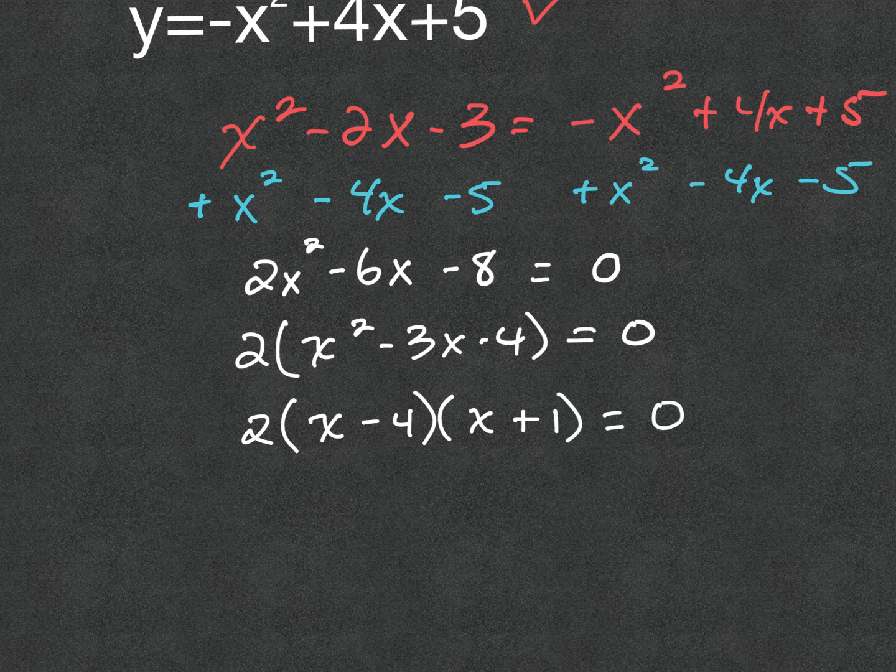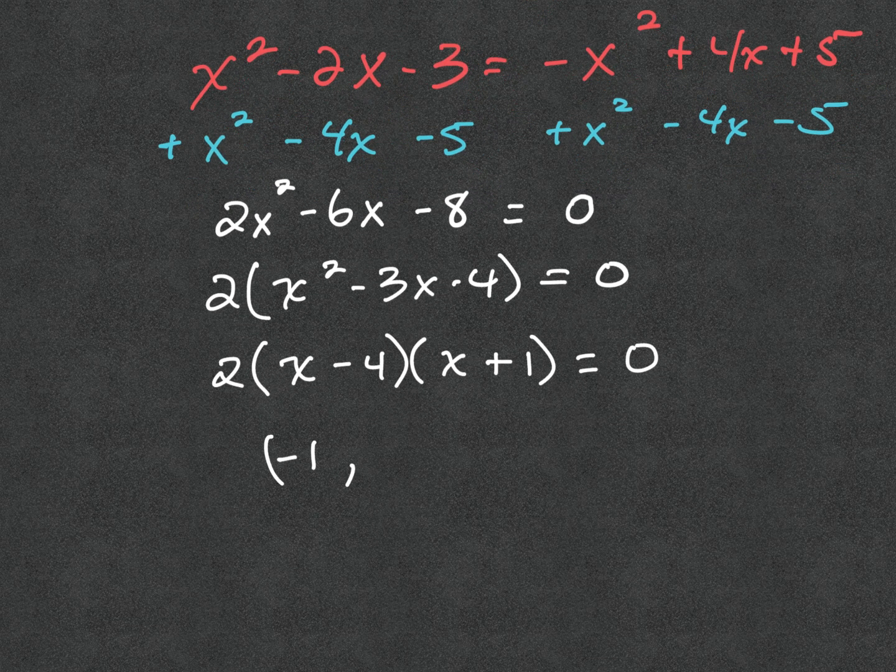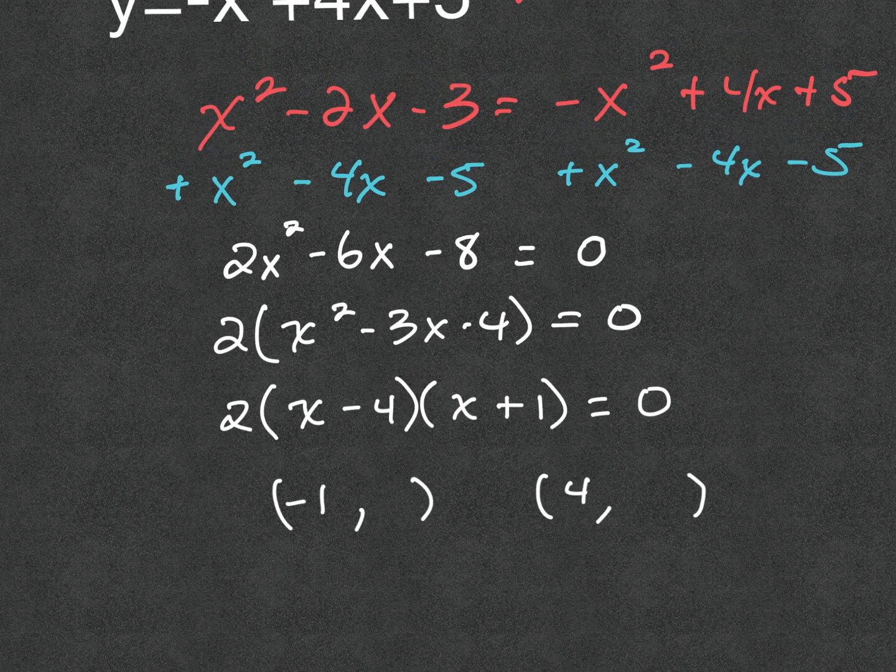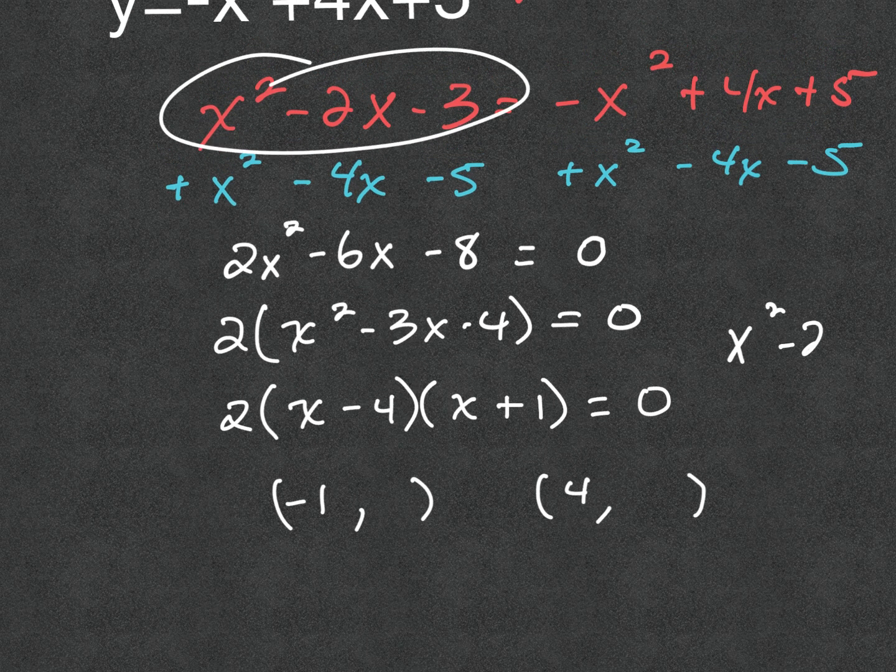Okay? So we're going to get a 4 and a negative 1. Negative 1, comma, I'm going to leave a space for the y, and I'm going to get a 4, comma, leave space for the y. I'm going to put these x values back into this equation, the x squared minus 2x minus 3 equation. And when I put a negative 1 in there, I'm going to get a 0.